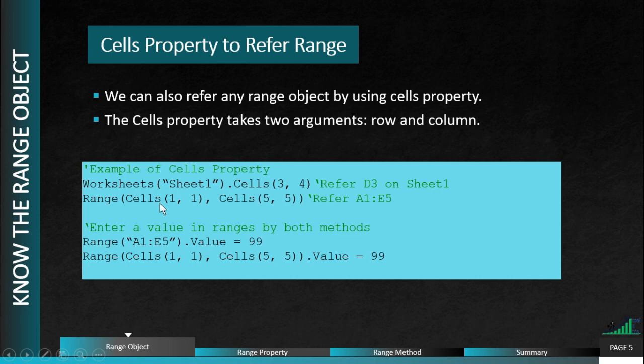If I write Range(Cells(1, 1), Cells(5, 5)), that means it is A1 to E5. Why write this? During programming, this method will be helpful because using only numbers you can refer to a cell, which is very difficult otherwise throughout the program.